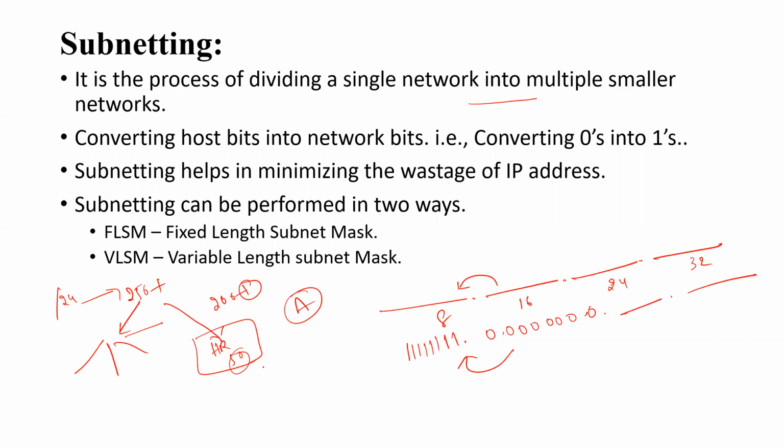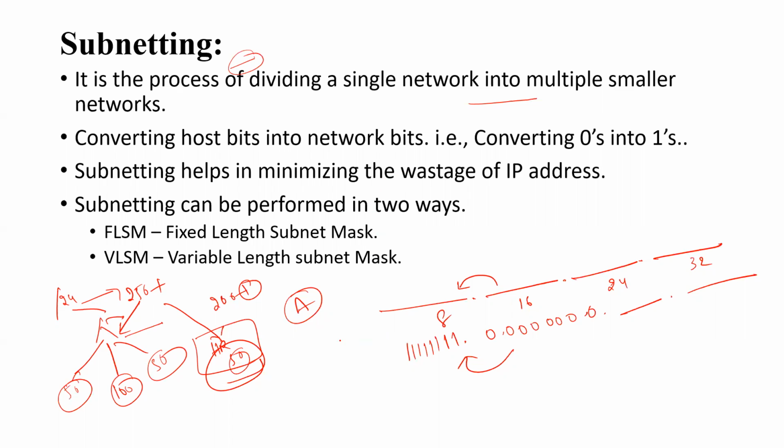Based on the requirement, suppose the HR team requires 50 IP addresses, another team requires 100 IPs, and again 50 IPs for another. Based on the requirement, we divide a slash 24 network into multiple subnets; this is called subnetting.